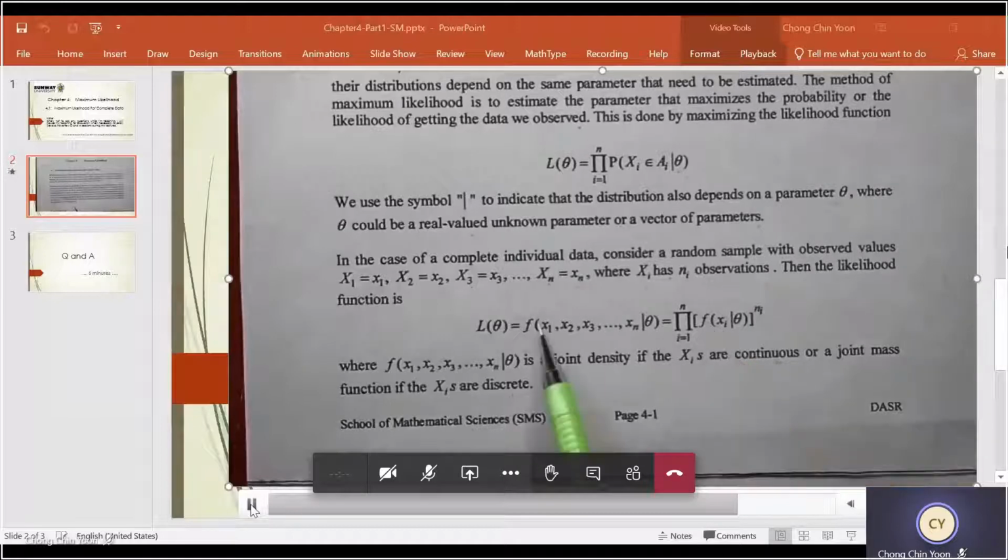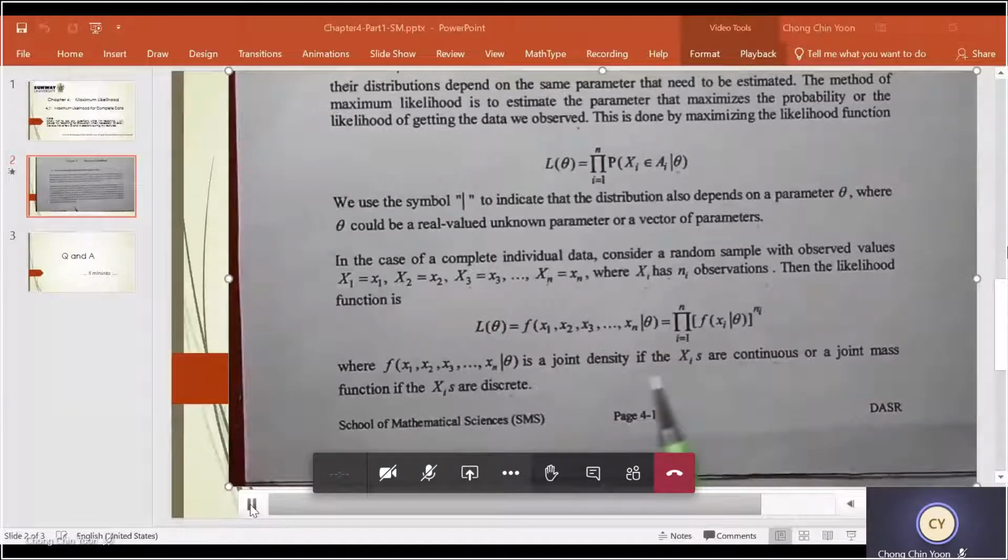So this joint density function is equal to the product of the PDFs if X is continuous, or maybe a product of the PMFs if X is discrete.